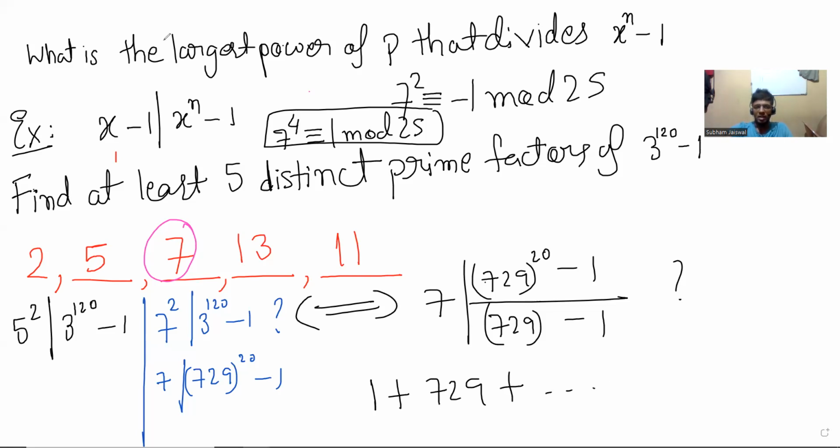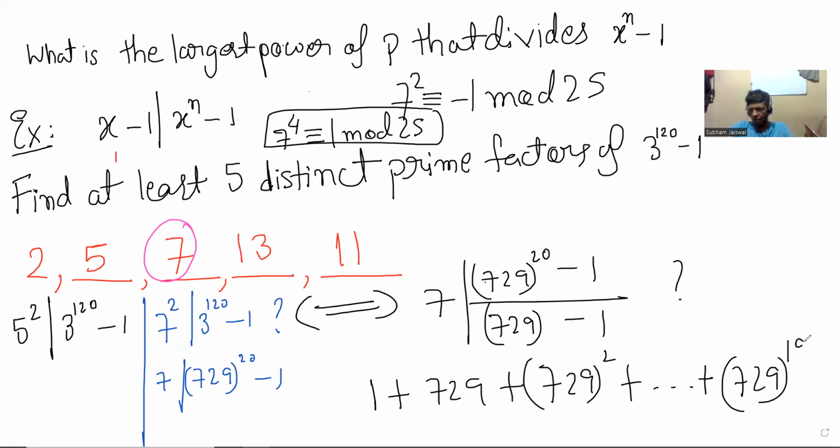Maybe it's better to write a bit more. 729 square, right? And so on. So you get this, right? So you agree that this is the same thing.